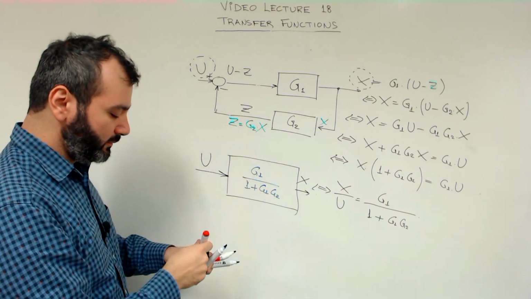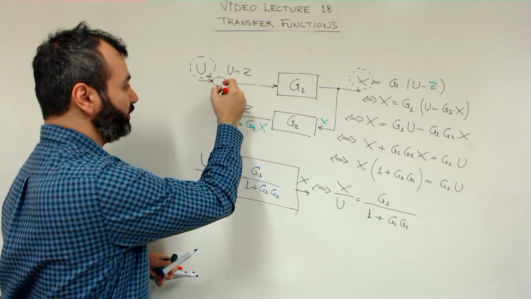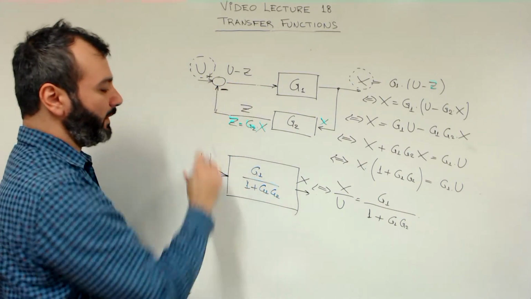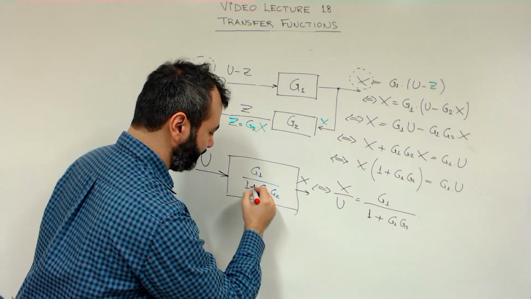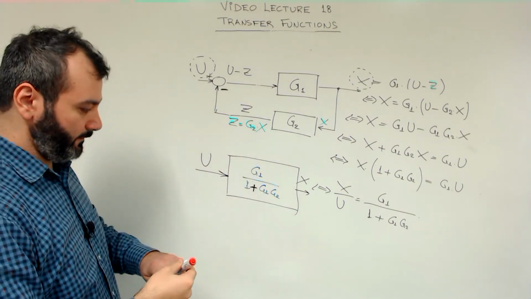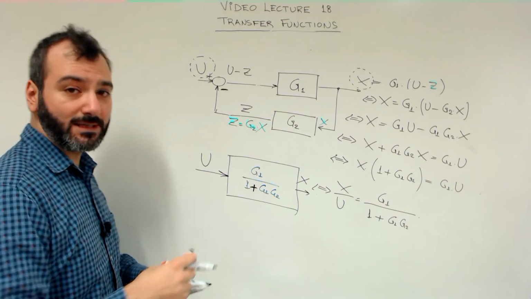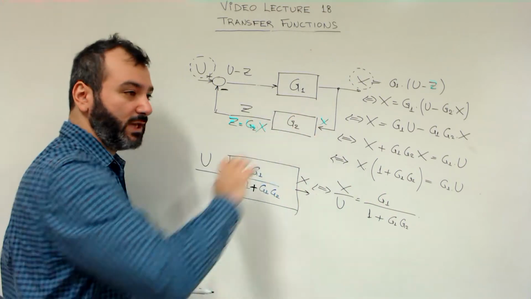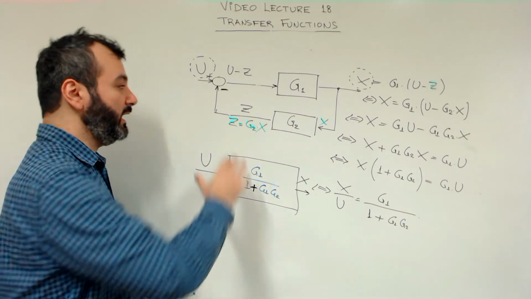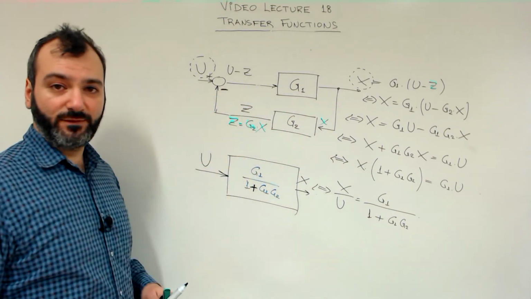I will write it in red because this is important. We have a minus here, and this minus becomes a plus. If we had the plus, that would naturally become a minus. But in most cases in control engineering, we have negative feedback loops.